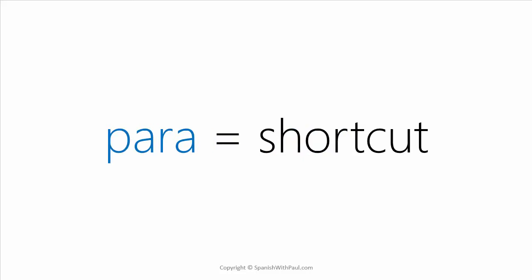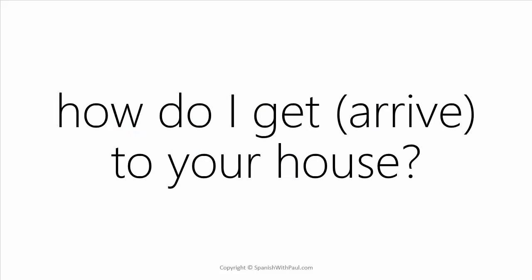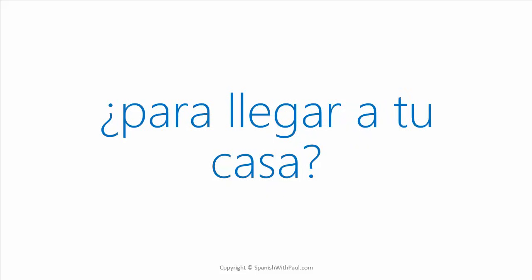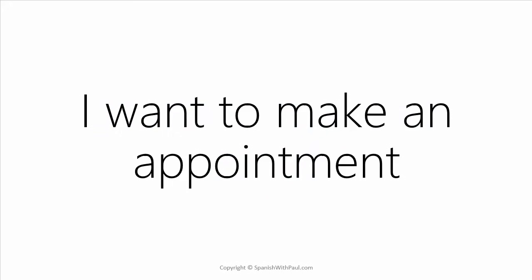Let's use para as a shortcut now to ask a question. How would you ask, how do I get to your house? Para llegar a tu casa. How would you say, I want to make an appointment?